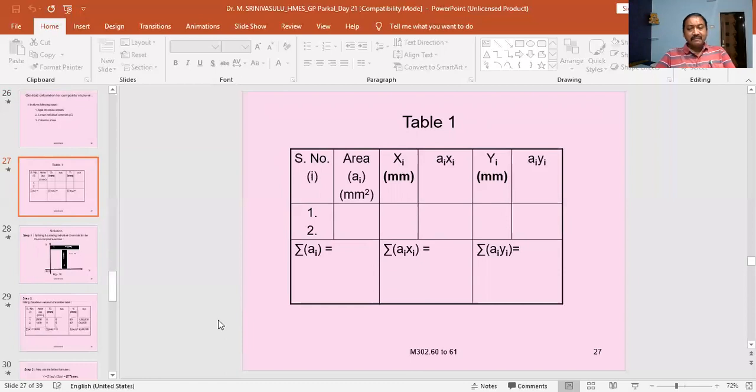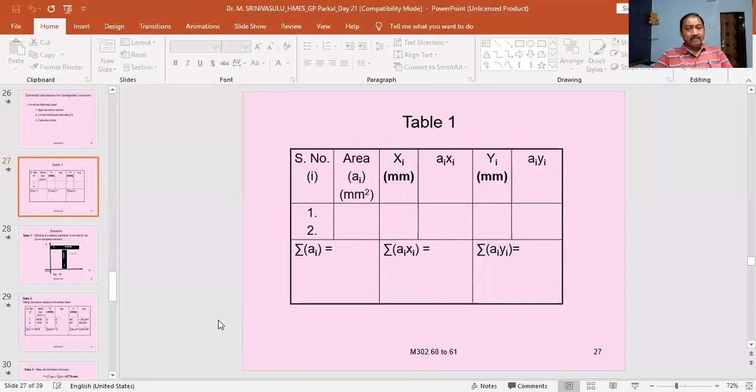Here the first column is the serial number, the second column is the area, that is Ai, and the third column is xi, the x coordinate distance.